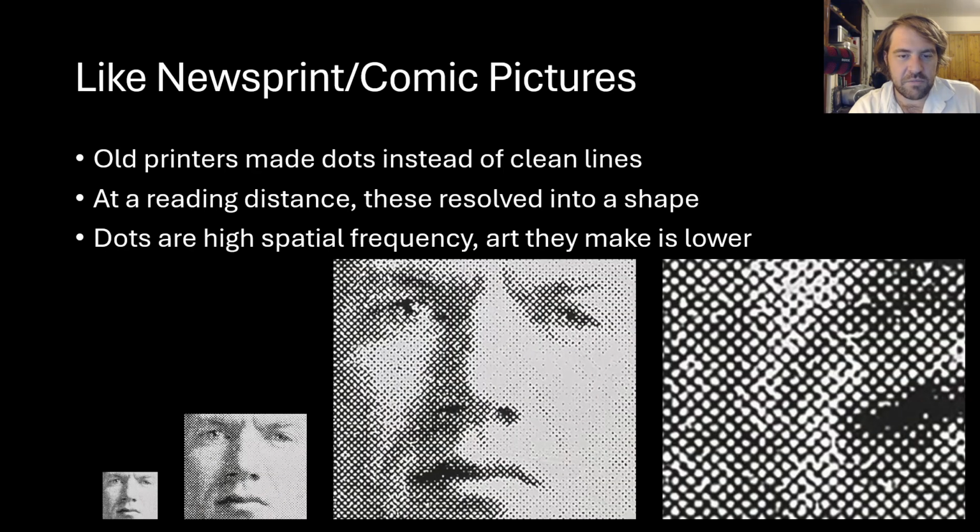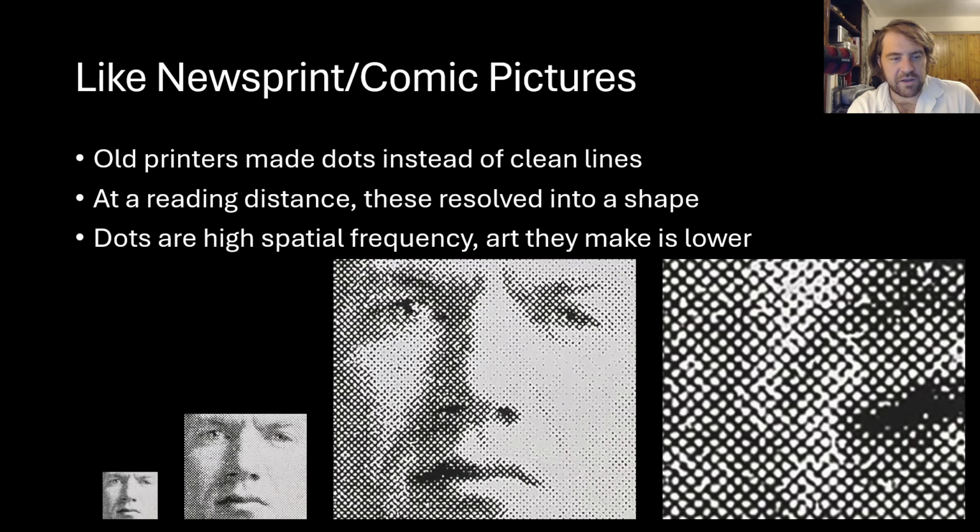This is actually similar to how old newsprint and comic books were made. They're all done with dots. There's also some people that do what's called pointillism in art, where you just kind of dot, dot, dot everything. And so you can see what's going on, this is the exact same picture that I've just enlarged in different steps, but all the way over on the left, it's just a face.